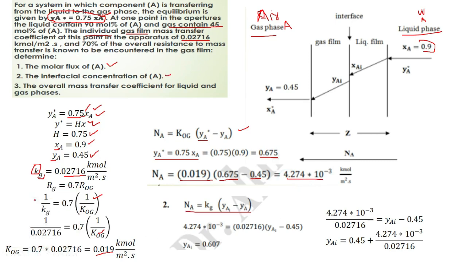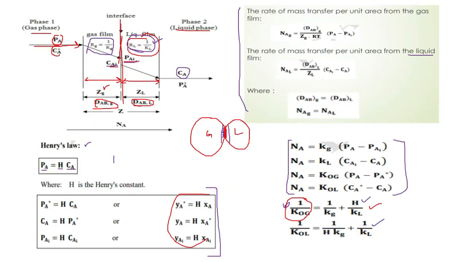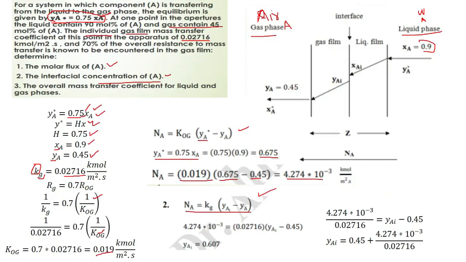In order to find the interfacial concentration of A, you will use this formula. This formula is similar to this formula, but these formulas are developed for going from the gas phase to the liquid phase. That's why this formula is written like PA minus PAI. In this example, the solute is moving from liquid to gas phase.